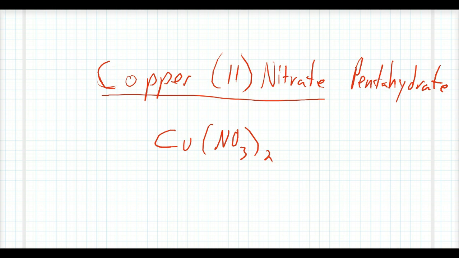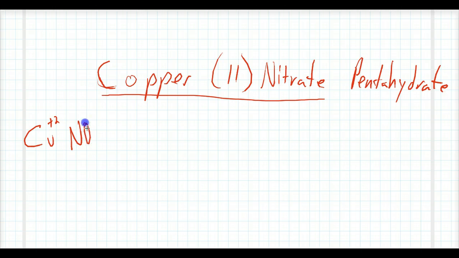But if you're still having to build up the formulas from its parts, there's nothing wrong with that. You would say the Roman numeral 2 is +2, NO3 is -1. In order to achieve neutrality, I'm going to have 2 nitrates for every 1 copper. So my final answer would be copper 2 nitrate like that.